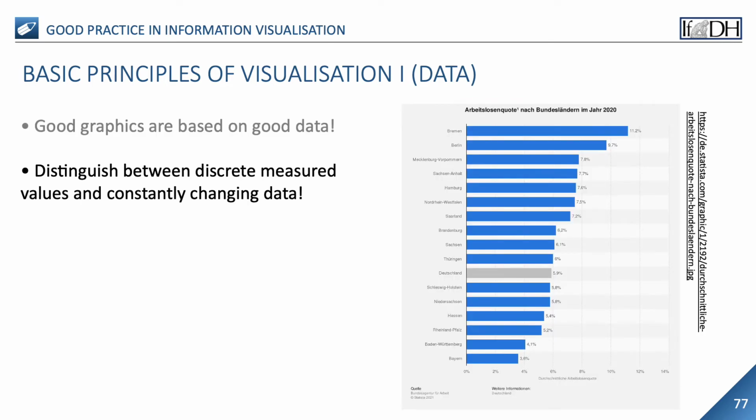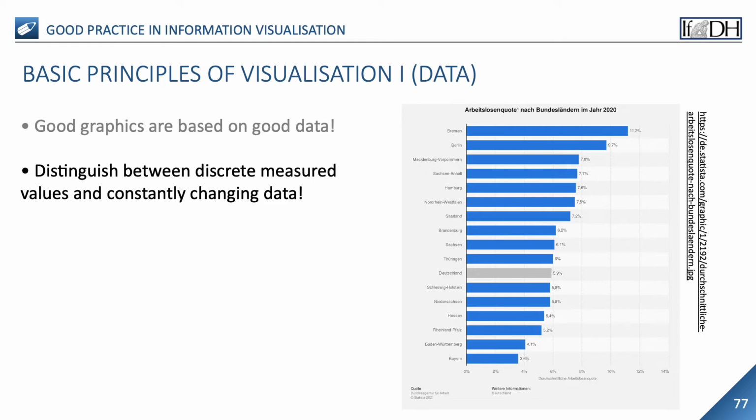Distinguish between discrete measured values and constantly changing data. The body weight of a person in kilograms, for example, is such a discrete measured value. My body weight has no temporal or consecutive relationship to yours. If, on the other hand, I measure my body weight every week and compare the values, there is a chronological relationship.